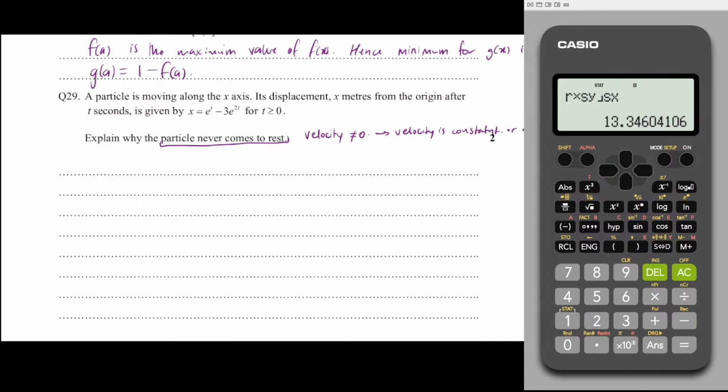So, okay, let's work with this. So we've got x is equal to e to the t minus 3e to the 2t. Velocity, which is just equal to x dot, which is equal to the derivative of the above, which is equal to dt of x. So differentiating exponentials.